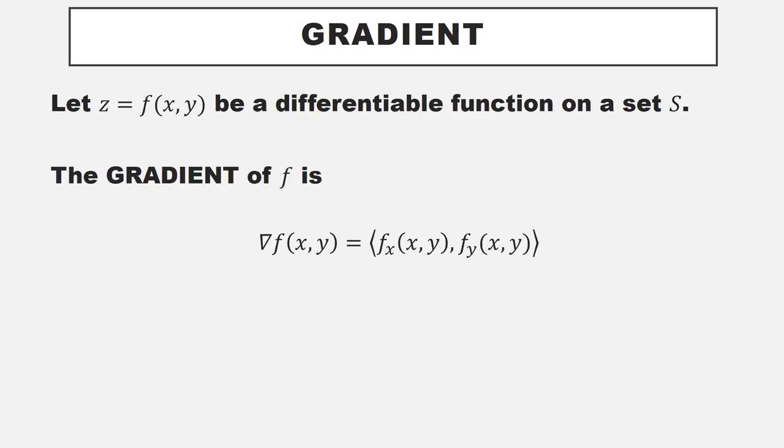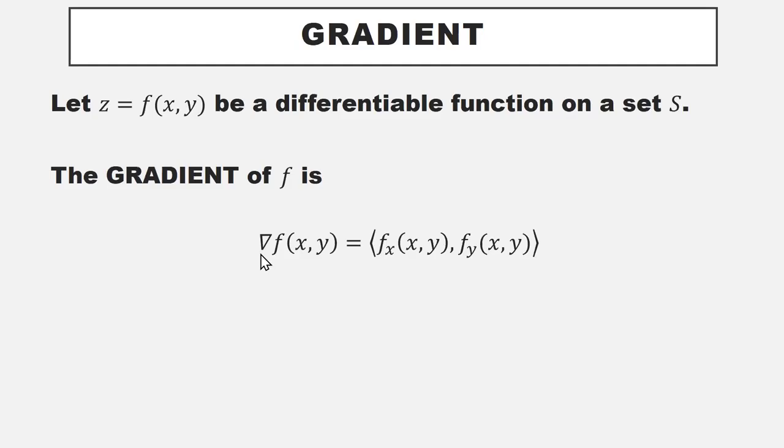Otherwise, it doesn't work. And gradient is always denoted by delta f. Remember that delta, we're talking about that upside down triangle here. By delta, I mean the upside down delta.